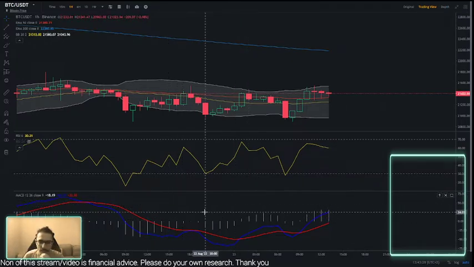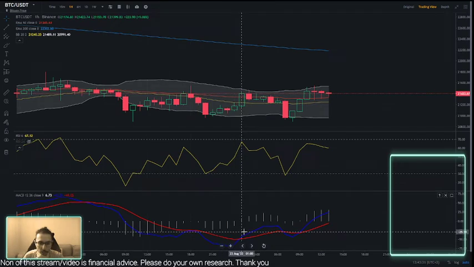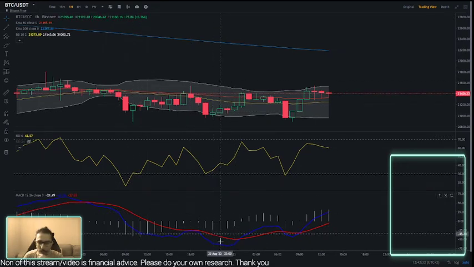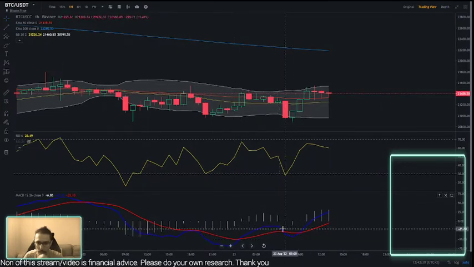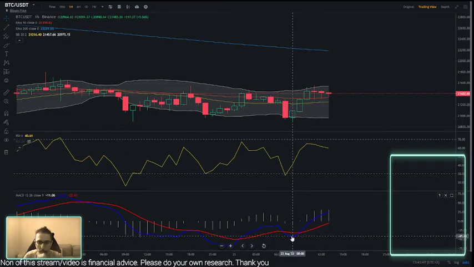What we can see here is that in the past hours, because we are still on the hourly chart, we have had a lot of different crossings, so that's hard to say, but every time it crossed, we did have some kind of trend reversal. Here we crossed, and boom, we went up. Right there it crossed, and a few hours later we are going back down.